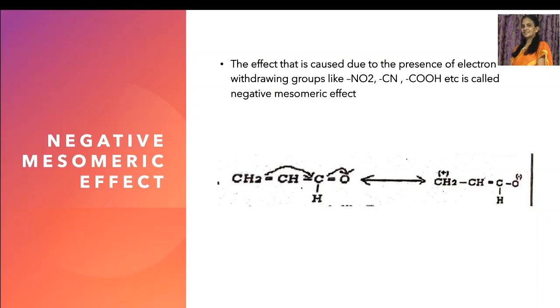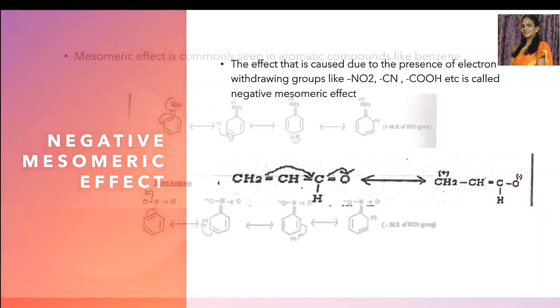Because of that reason, we can observe the negative mesomeric effect here. So this pi bond electron is shifted towards the adjacent single bond. Here pi bond electrons are shifted towards a more electronegative atom like oxygen. This is one mesomeric effect, and here also we can see mesomeric effect. Because of that, this carbon suffers with positive charge and this oxygen with negative. So here positive and here negative.